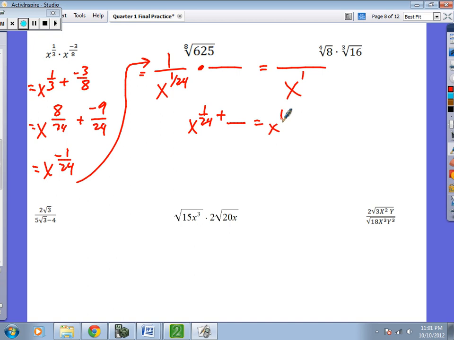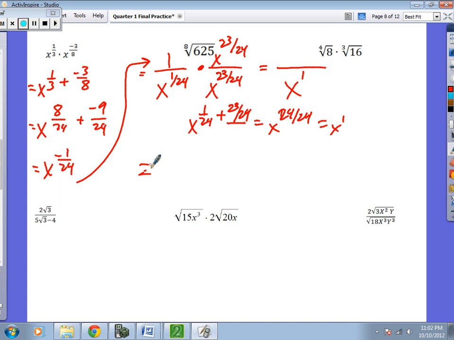So the question is, 1/24th plus what is a 1? And the answer is 23 24ths. So I've got to multiply both the top and the bottom by x to the 23 24ths, because 23 24ths plus 1/24th is actually 24 24ths, which is the same thing as x to the 1.